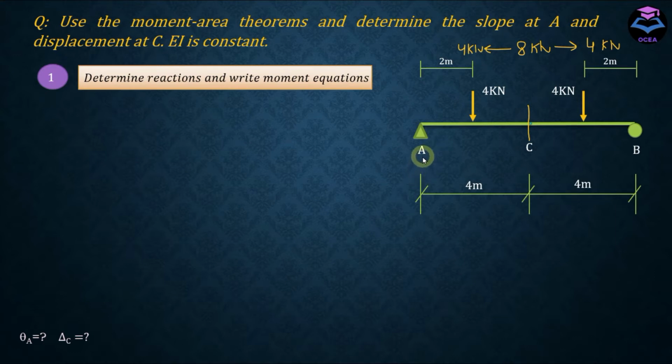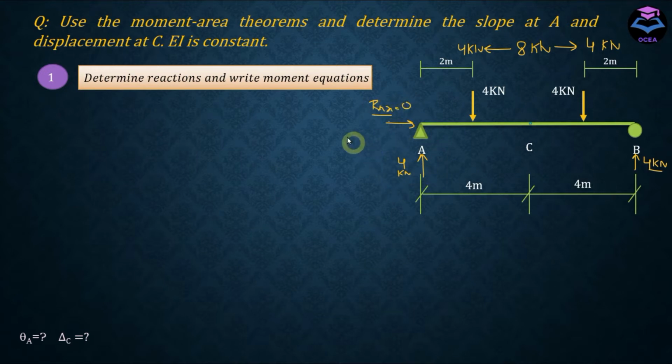So RAY is going to be equal to 4 kilonewton, whereas RBY is going to be 4 kilonewton as well. And since no horizontal force is acting on this beam, RAX is going to be equal to 0.